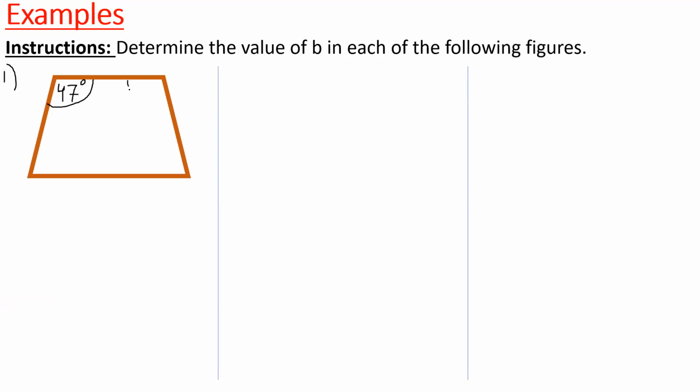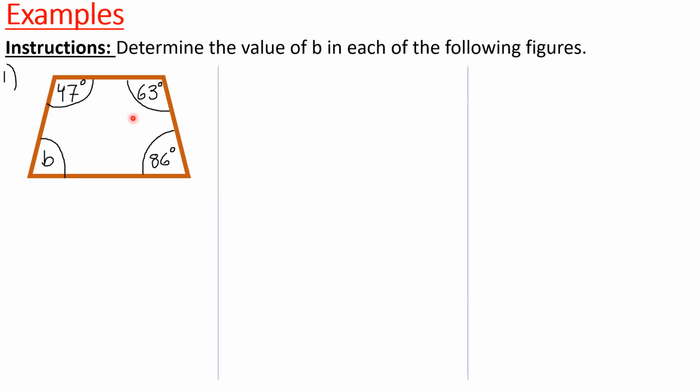This one is 63 degrees. Let's say this one is B. And say that this one is 86 degrees.